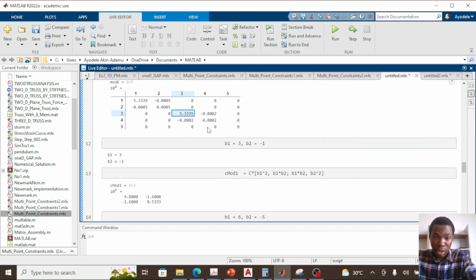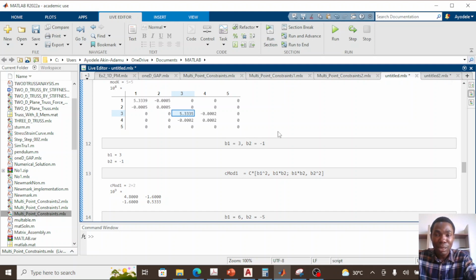Now, after we have applied our large stiffness at all 0 support degrees of freedom, we need to apply the multipoint constraint matrix to this modified stiffness matrix.